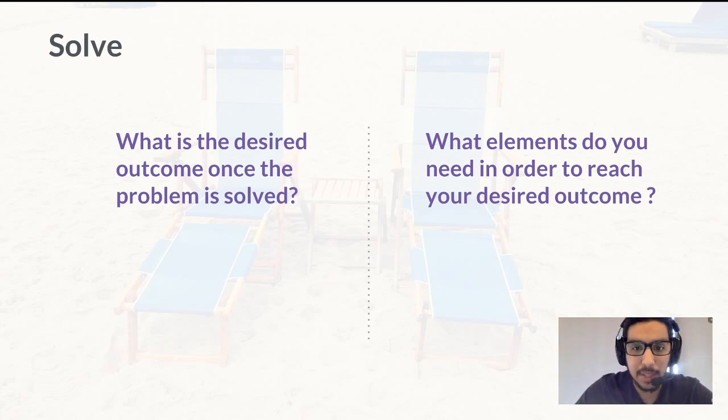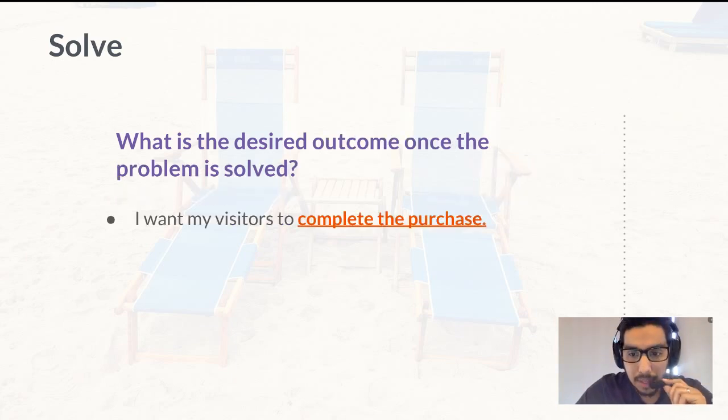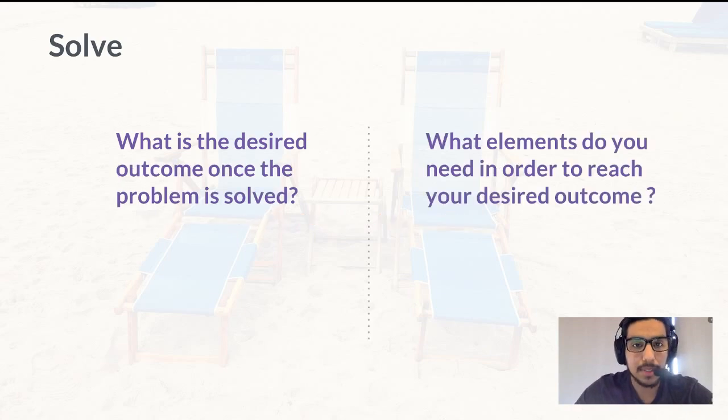As Federico said, we need to have a measure, a number. Let's say 20% more purchases on this page. So what elements do we need in order to achieve that? Let's talk about content and information.